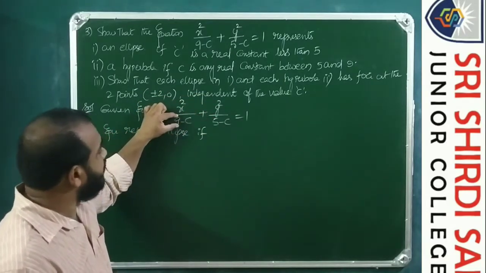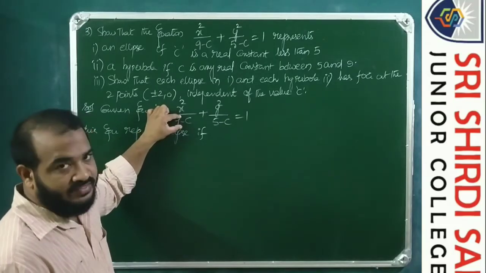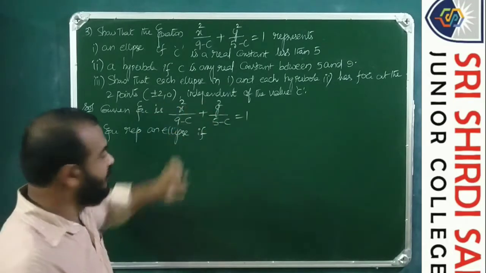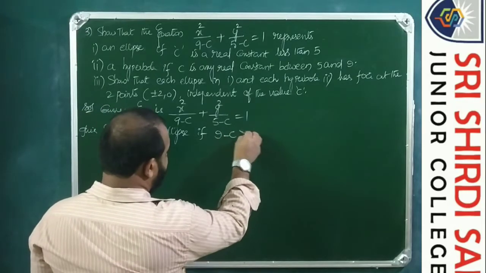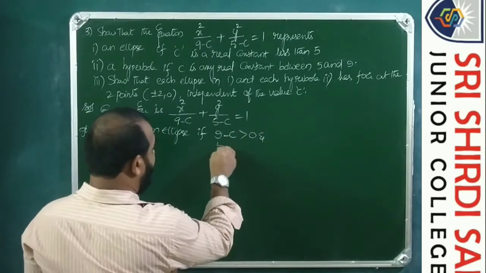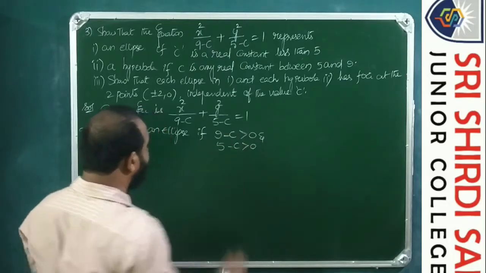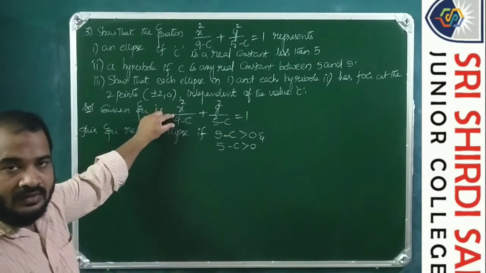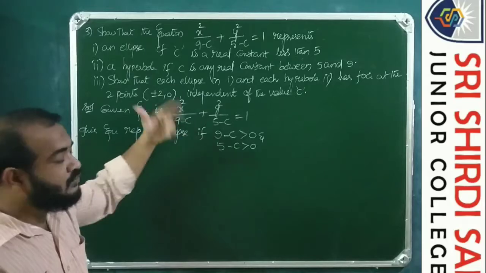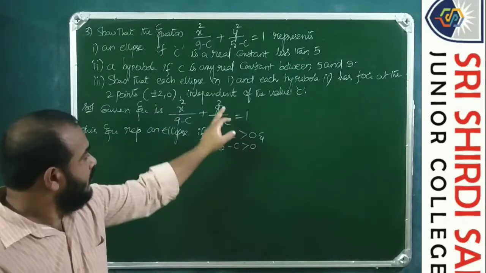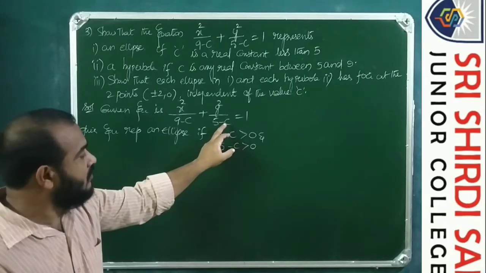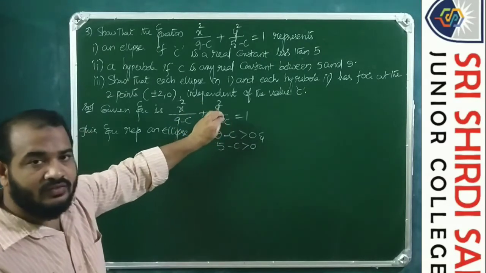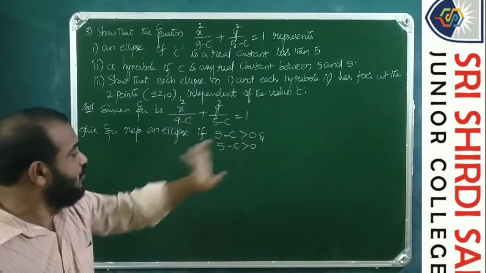So this should be greater than 0 and this should be greater than 0. 9 minus c is greater than 0 and 5 minus c is greater than 0, because x square by a square, something square is always positive, and y square by b square, something square is always positive.